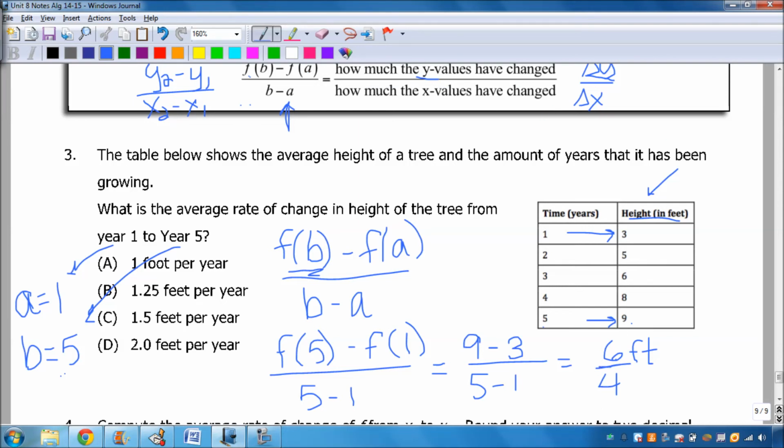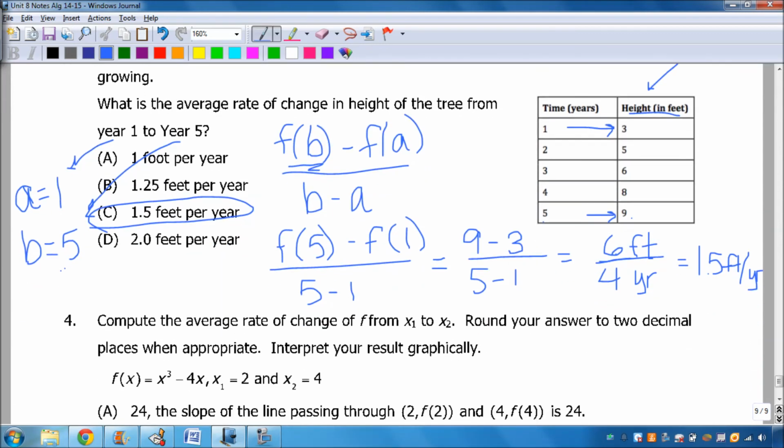The x values represent time, and they're measured in years. So the difference in time is 4 years. Then when you actually divide it out, you end up getting 1.5 feet per year. It's really important you understand what those units mean. So C is the correct answer right here.